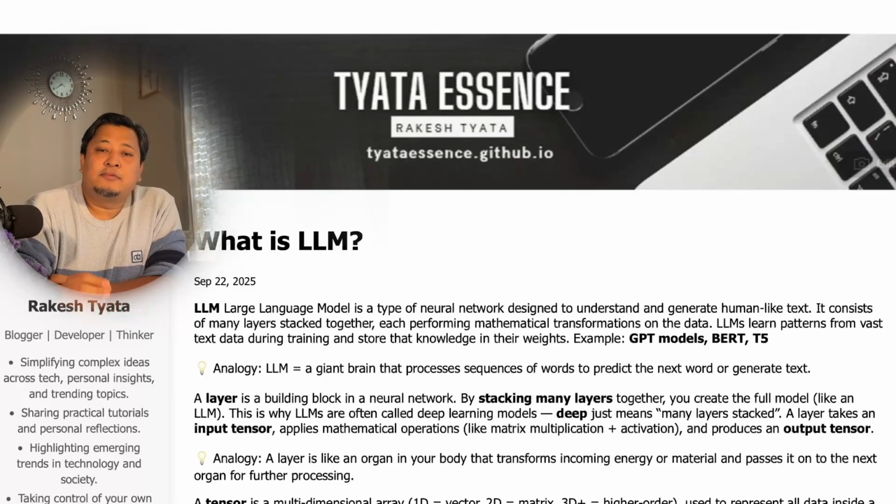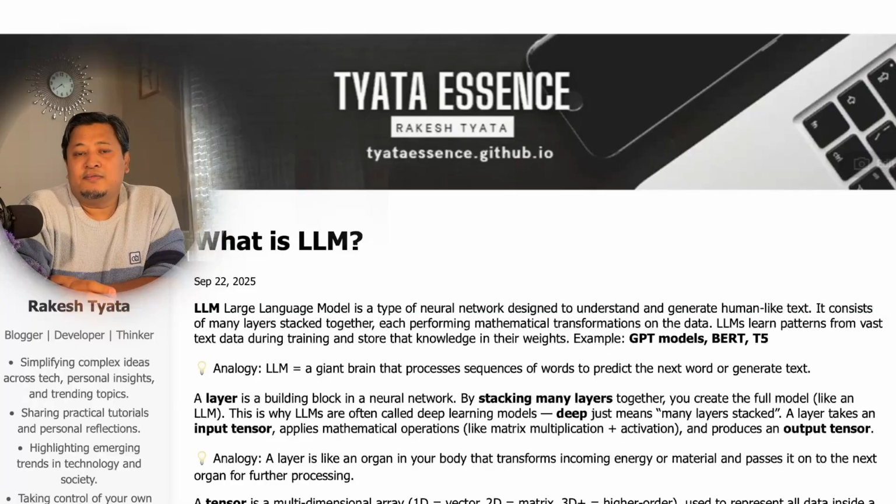So, a large language model identifies patterns from a huge amount of data and eventually stores the knowledge in terms of weights. Common examples of large language models are GPT, BERT, T5, Llama.